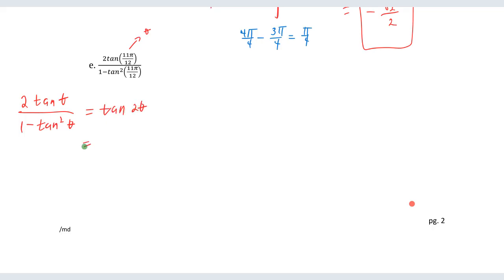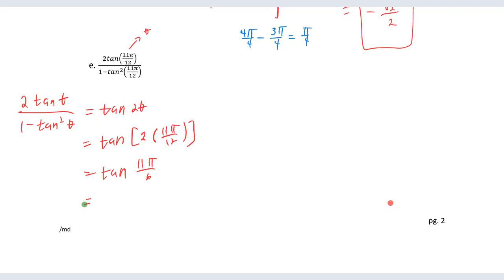So this is tangent 2 theta, therefore this is tangent 2 times 11 pi over 12. Simplifying this, we get tangent 11 pi over 6. Again, I just multiplied 2 times 11 pi over 12.